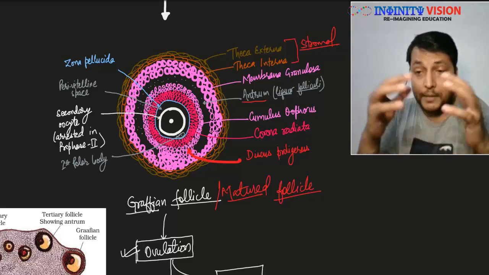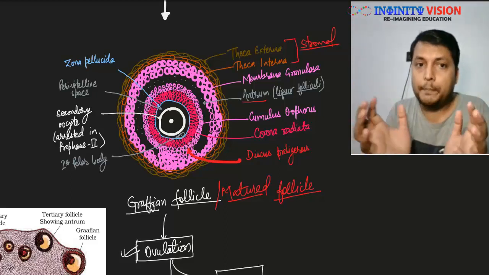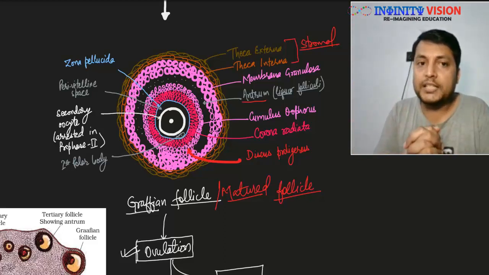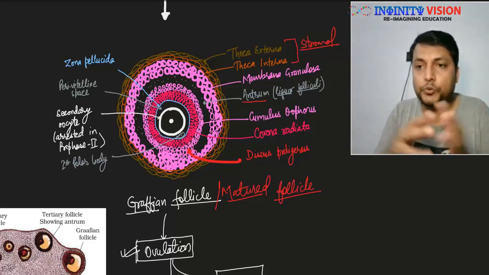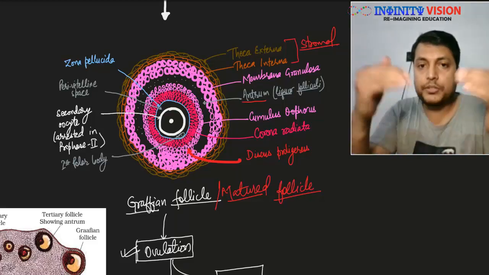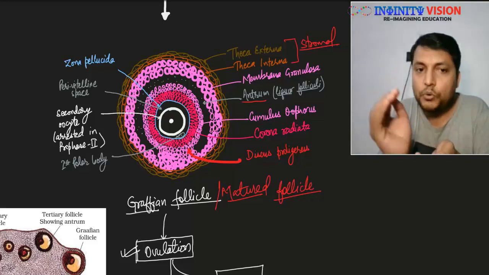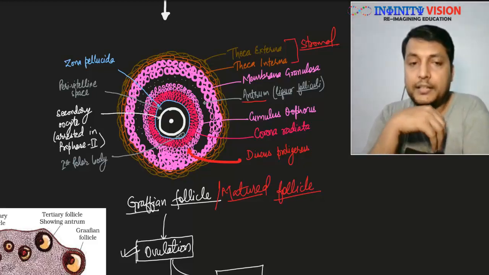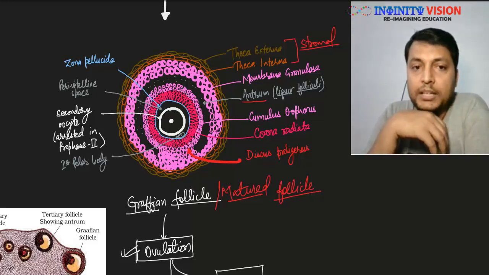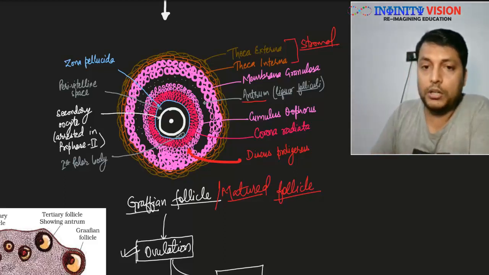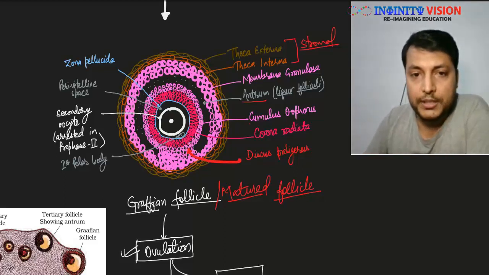Because of this developed antrum, the whole membrana granulosa is differentiated into two parts. The outer side is membrana granulosa, and the inner side, which is around the secondary oocyte, is called cumulus oophorus.